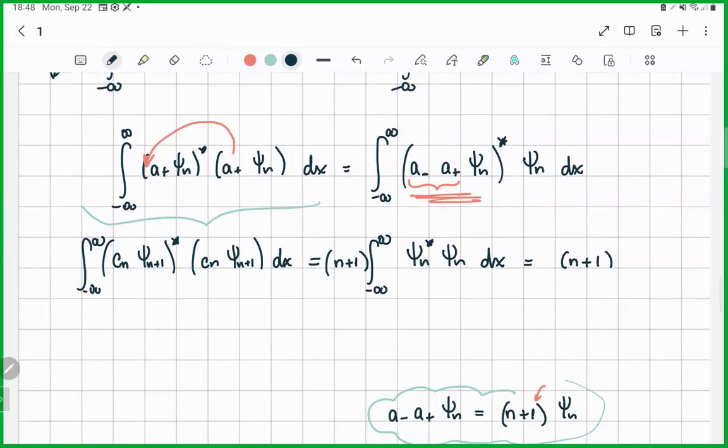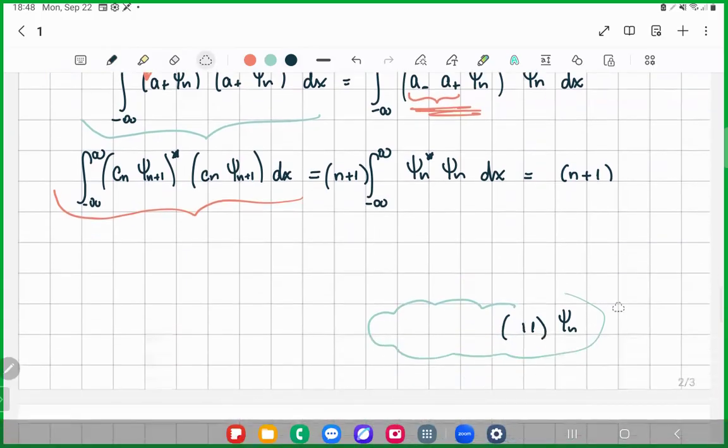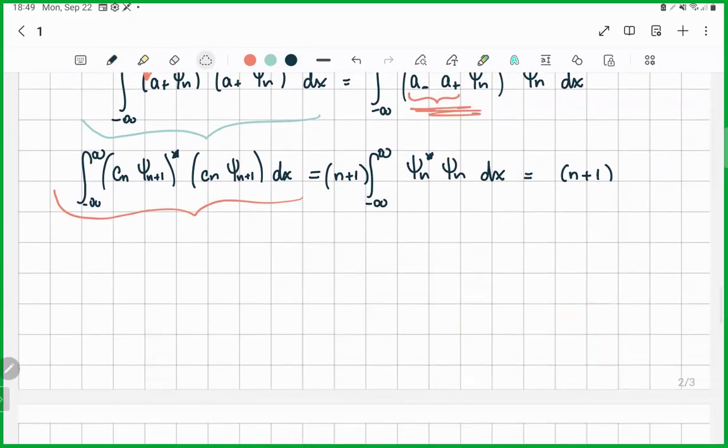Okay, so what is this? Well, Cn is just a constant, no? It's associated with the normalization that we are trying to find. So let me take this out. So this left side is going to be the absolute value squared of Cn, because here we have Cn complex conjugate and Cn.